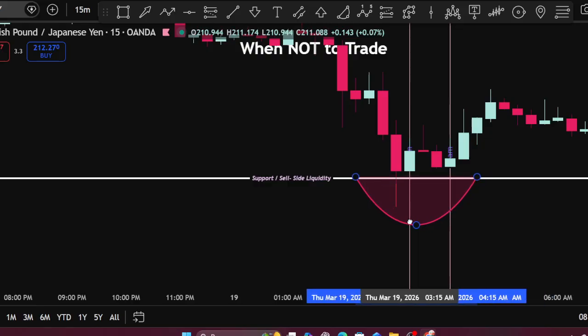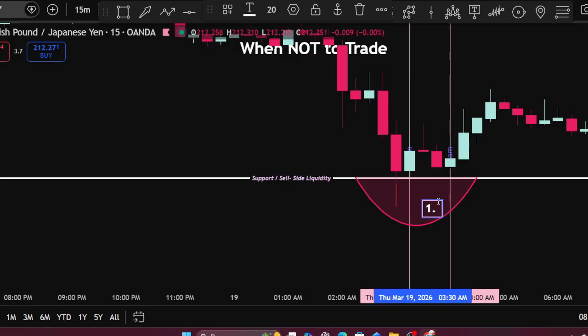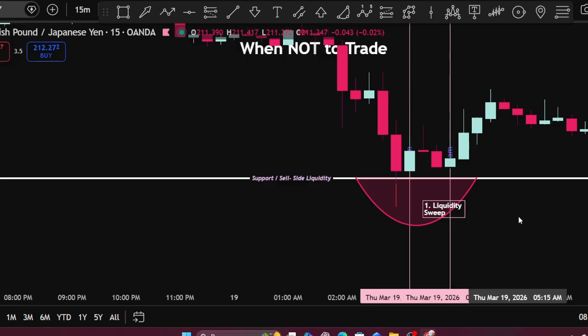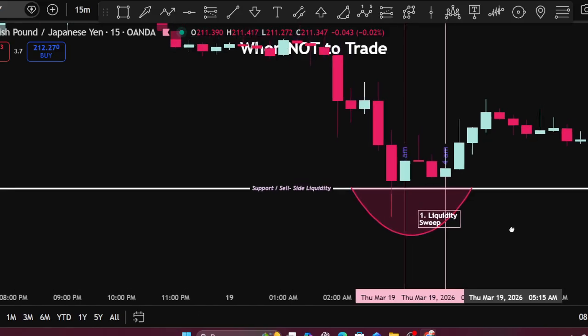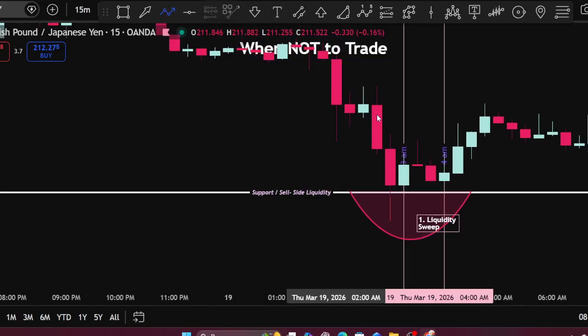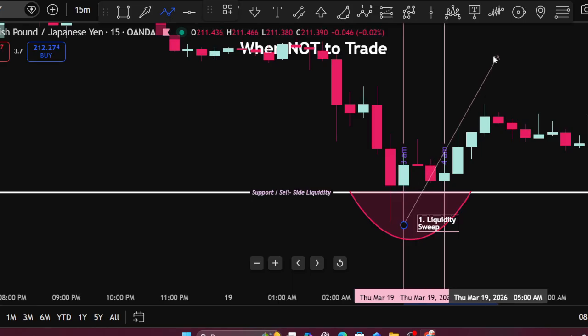So we have step one, liquidity sweep. My step two, I'm looking for a displacement, something that is strong, that is pushing in the opposite direction.